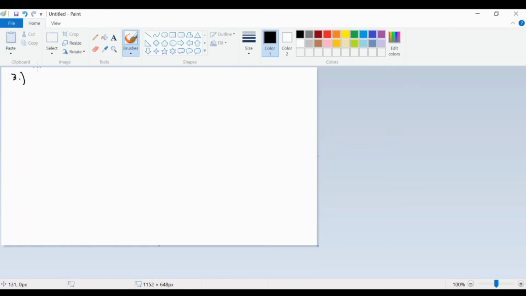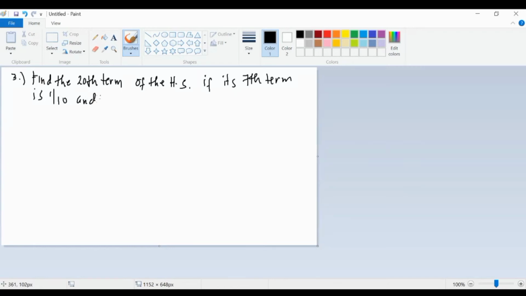Okay, so we're going to find the 20th term of the harmonic sequence if its seventh term is 1 over 10 and the 12th term is 1 over 25. So the first step here is step 1.